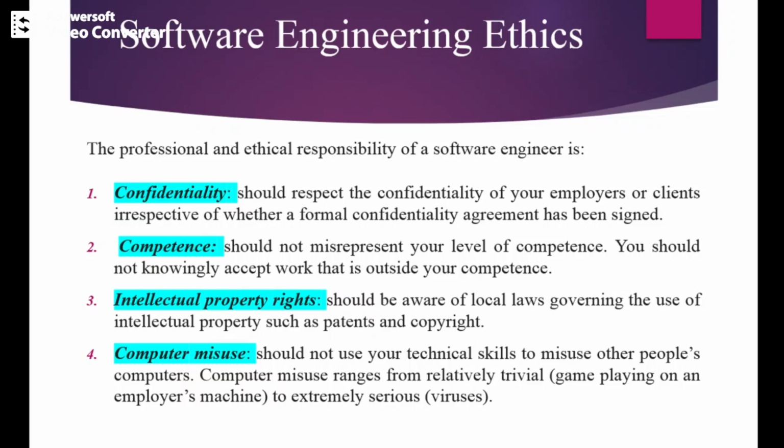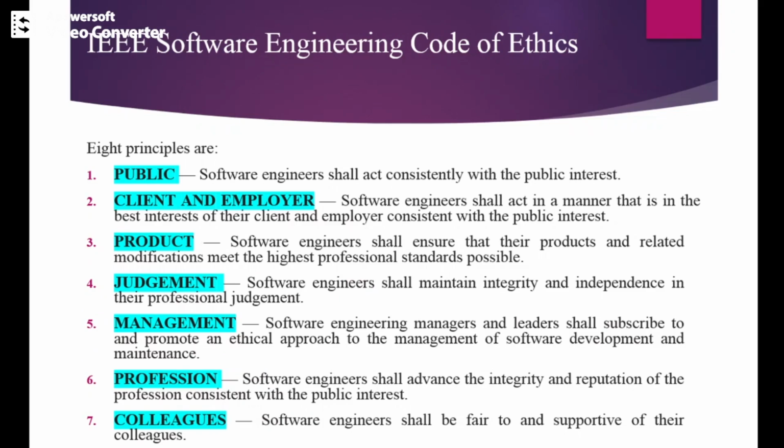But again, the code of ethics for software engineering is given by the IEEE standard. So when you are asked about the IEEE standard, you have to write these points. There are 8 principles here. Keep that in mind.